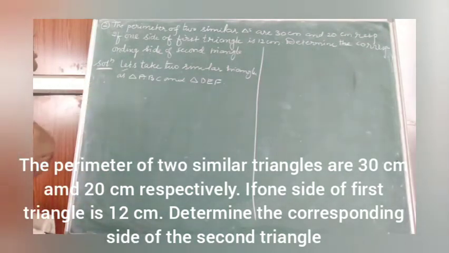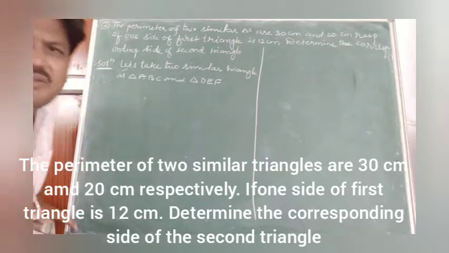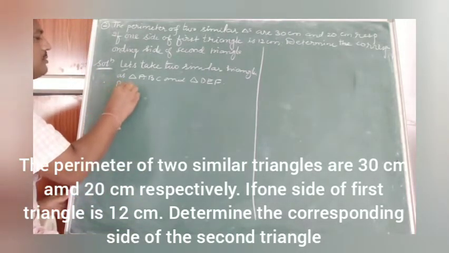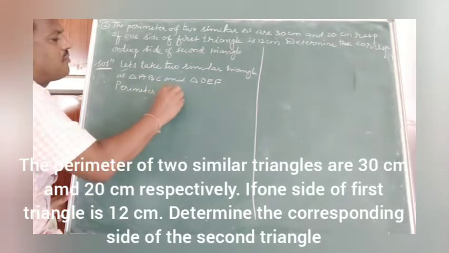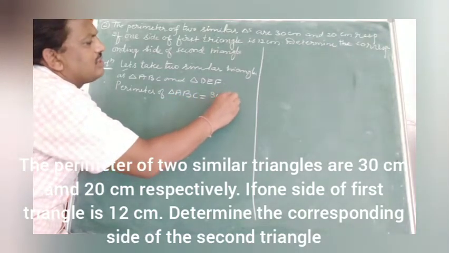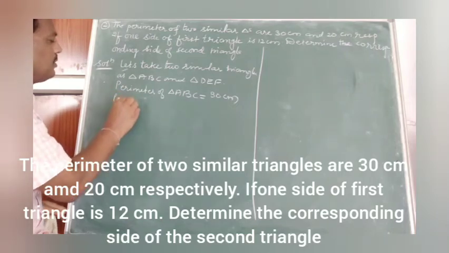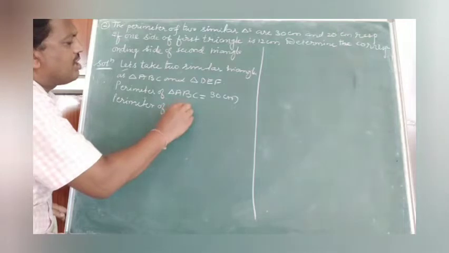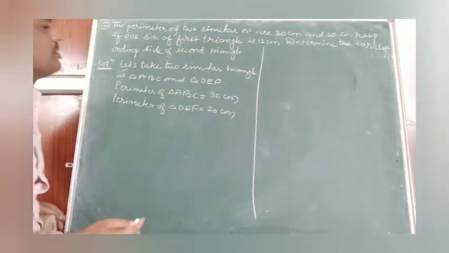Okay, children. Next, what do we have to do? After that, the perimeters of the two triangles are given, children. So the perimeter of triangle ABC, that value is given as 30 centimeter, and the perimeter of triangle DEF is equal to 20 centimeter.